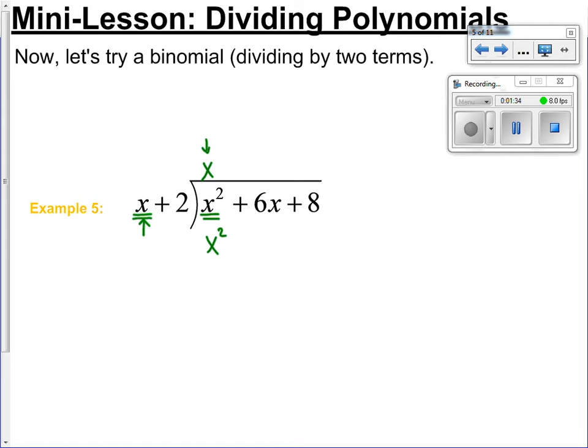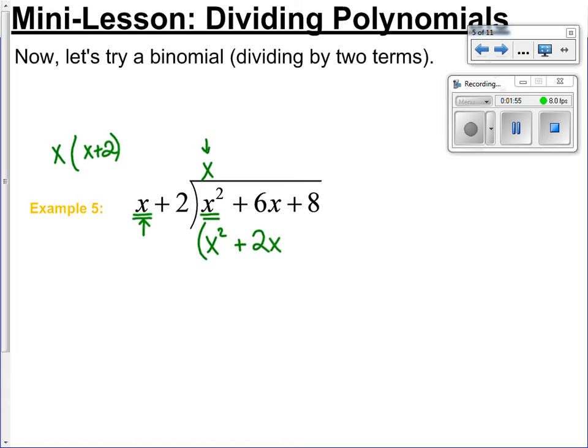So I also need to multiply x times that positive 2, which will give me plus 2x. Alright? So you see this x from our quotient distributed to the x plus 2. And that's how we got x squared plus 2x.